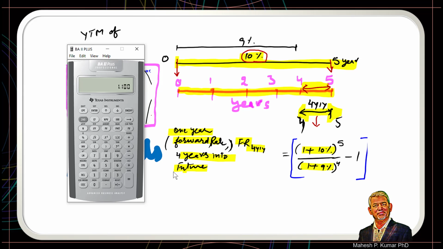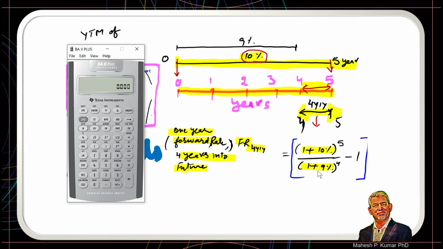And exponent 5, so we will click y exponent x and then we will click 5 and equal to. So this number, 1.611, we will store it in the first memory slot. Nothing happens on screen, but the number has been saved in the first memory slot. Let us clear it. So we have found the value of the numerator.